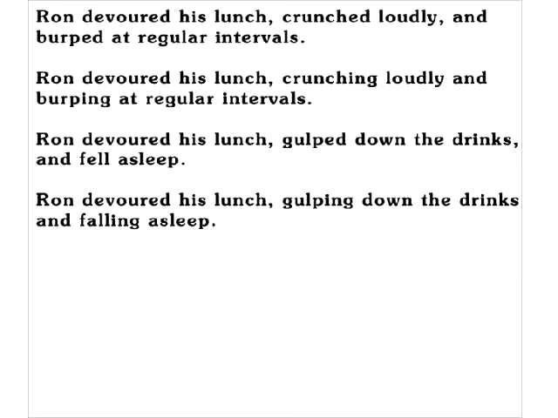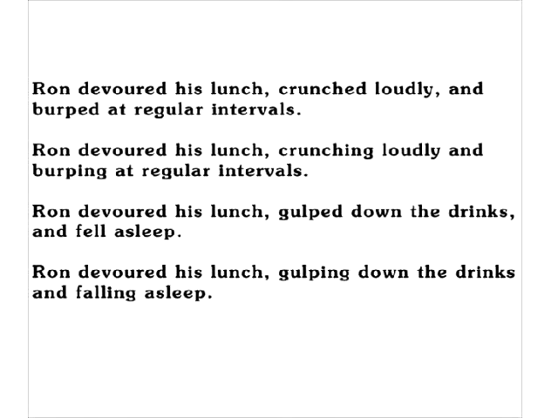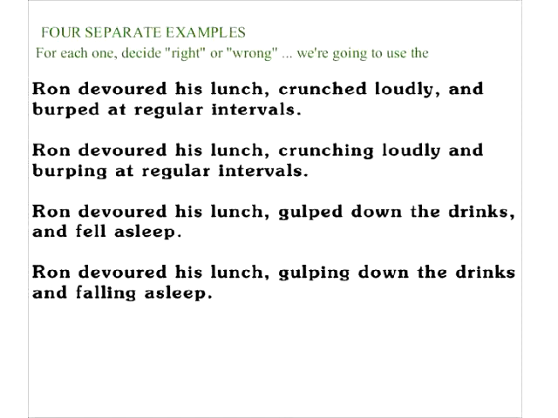So here are 4 sentences. What we're going to do with each one of these sentences is the following. This is not 4 multiple choices. This is 4 separate sentences. For each one of these, decide right or wrong. And then we're going to use the indicators, the check or X indicators, in a second here.